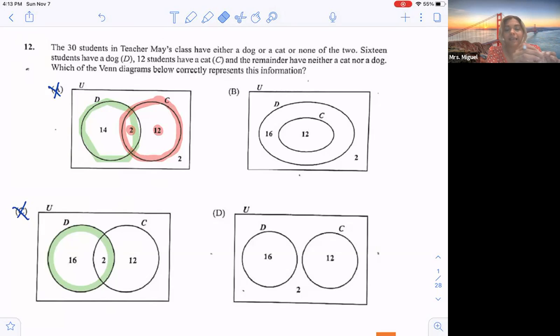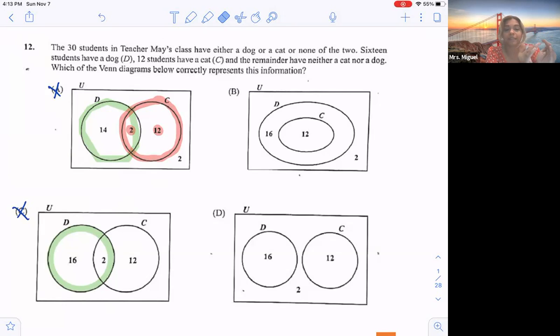B says everybody who owns a cat also has a dog, but the question didn't say that. They say that you either have a dog or a cat or none of the two, right? So they didn't mention a relationship where everybody who owns a cat also owns a dog.